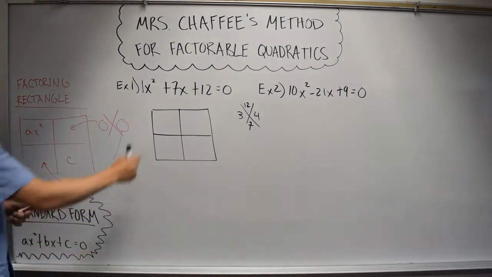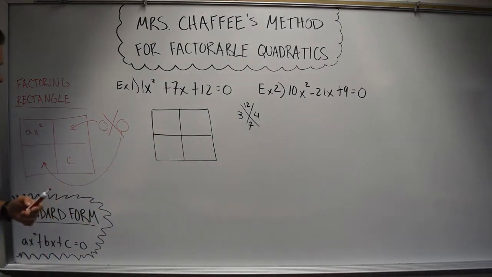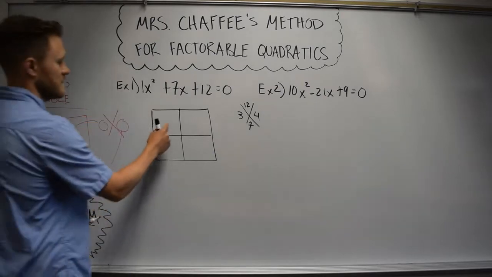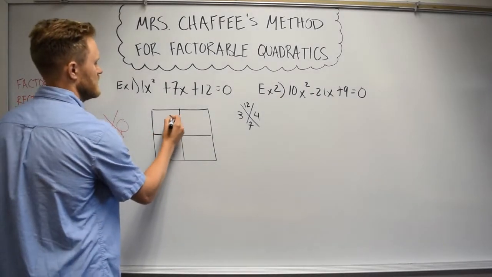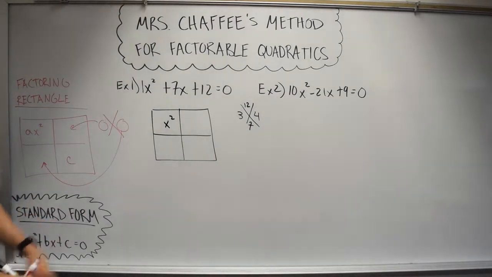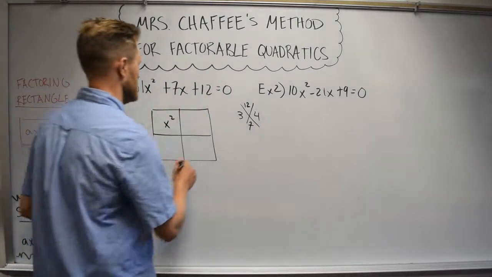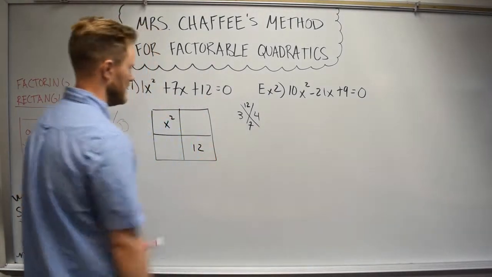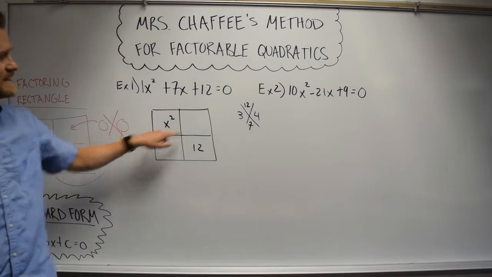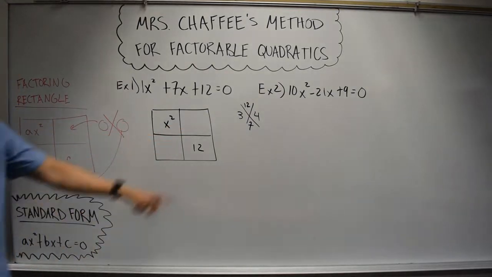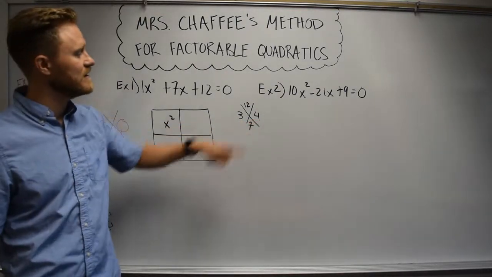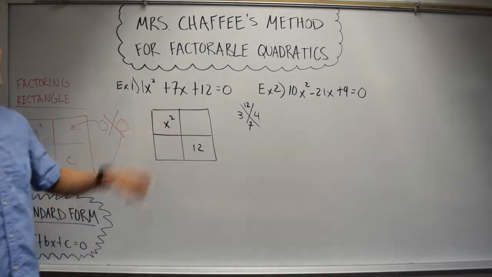So in the first box here, I'm always going to put ax squared. So if I look at this, 1x squared, I'm going to put x squared right there. This one down here, I'm going to put the c value. So the c value for this quadratic is 12. All right, then in these two spots, I'm going to put the two values I have here with the variable attached to them.